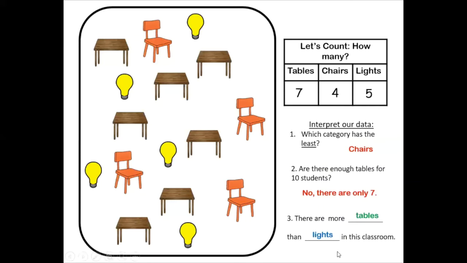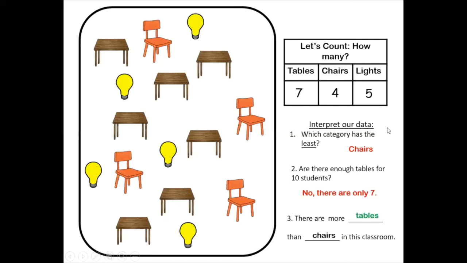Or instead of lights, we can say there are more tables than chairs in this classroom. So that's one way to interpret our data, by answering the questions looking at the table that we filled in. All right, let's keep going.